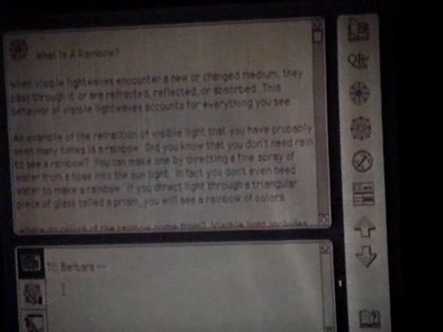Or to jump into a mode where they can say, no, I'm going to send a message to Barbara about this. And when I do that, I send a piece of mail through the networking system such that when Barbara turns on her machine next and she reads my mail, it automatically situates her learner interface to what is a rainbow and to the issue about light waves and whatever it is I now say.